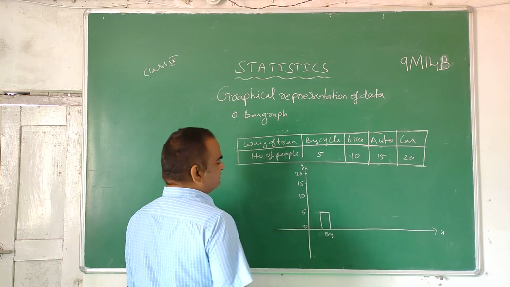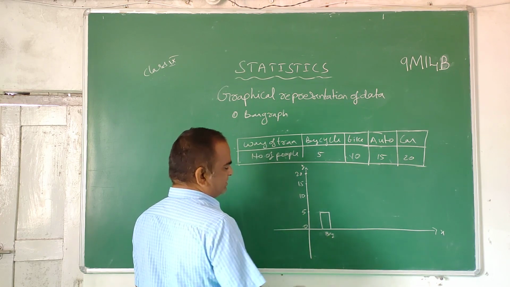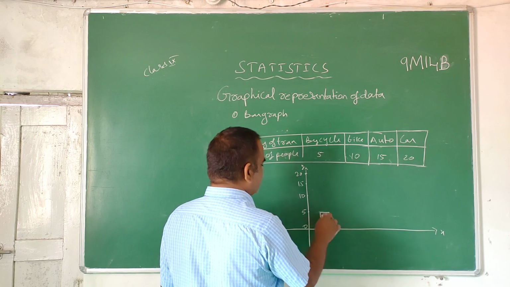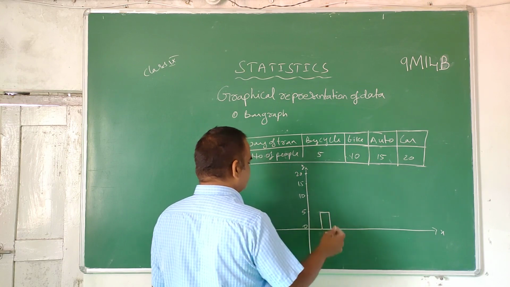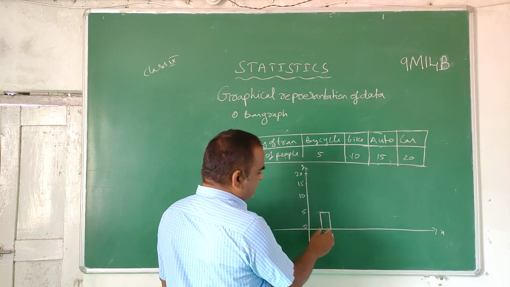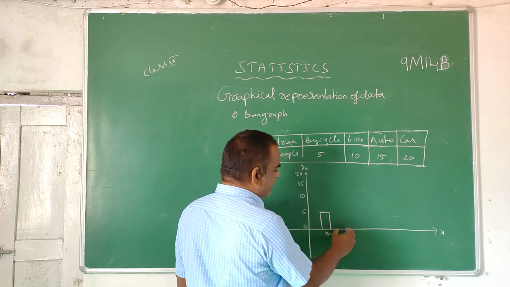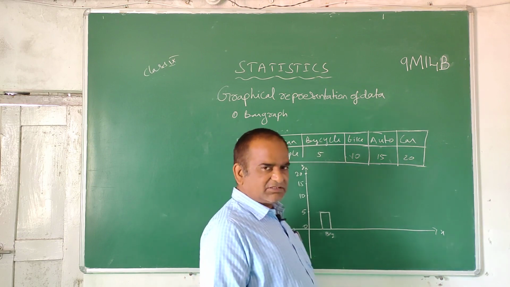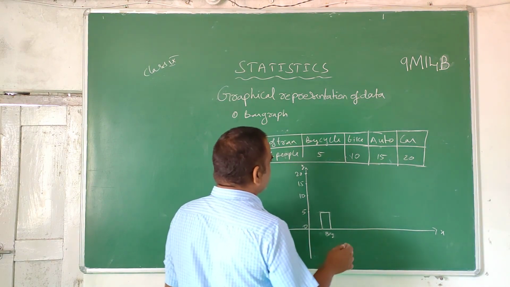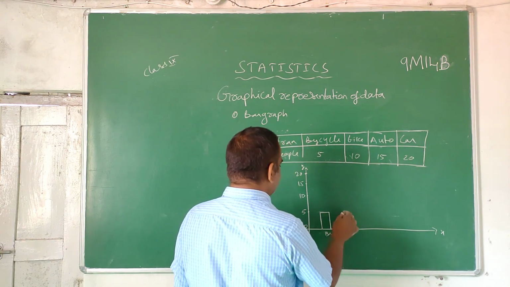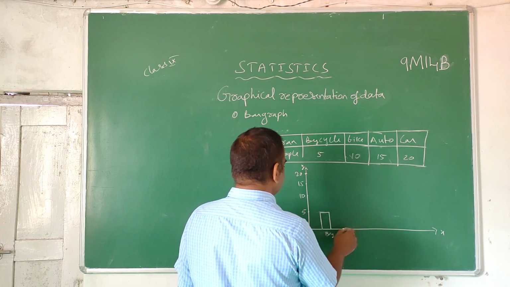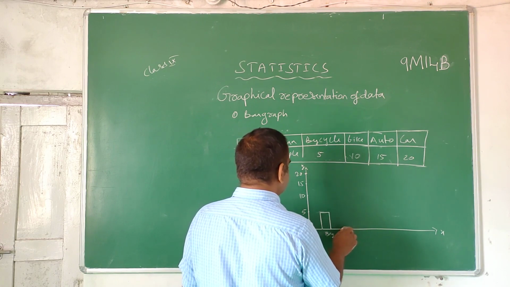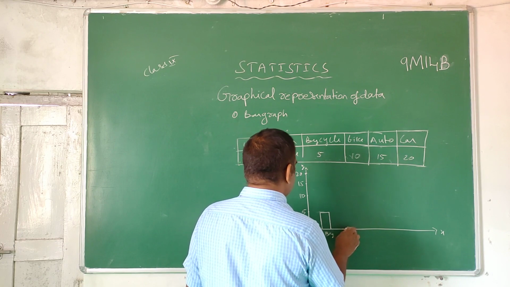So take this bar, rectangle or bar, whatever it may be. See that the width and the gap between rectangles is maintained constantly. The next variable is bike. With uniform width you have to draw the bar.